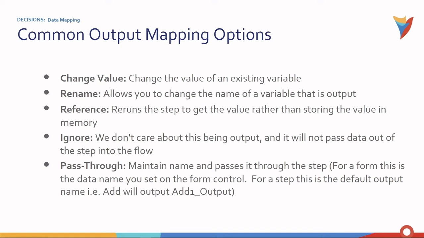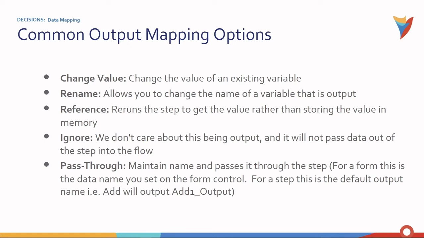Now, common output mapping types. Coming out of your steps, you're going to have a few different options. The most common one is going to be rename, which we'll get to in a second. But first, we have change value.